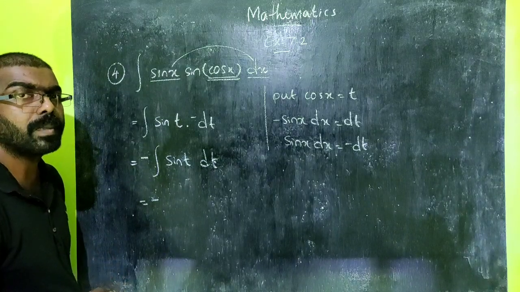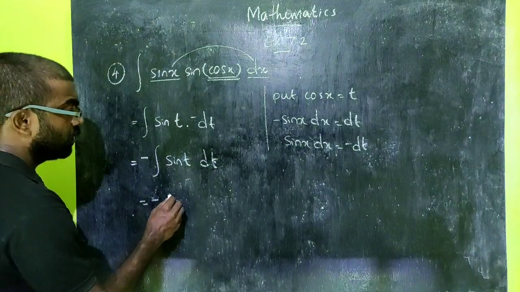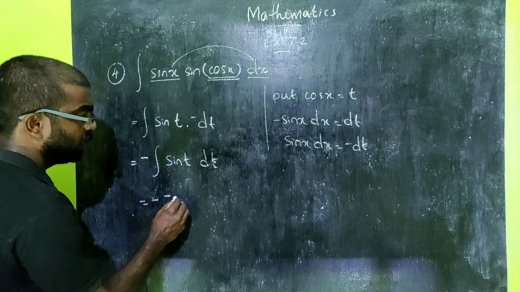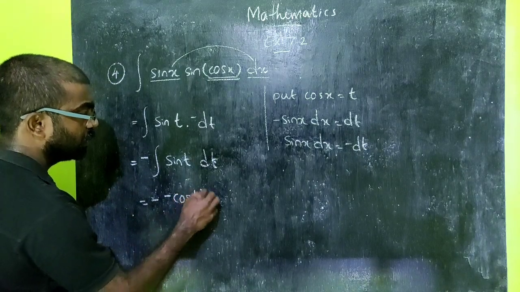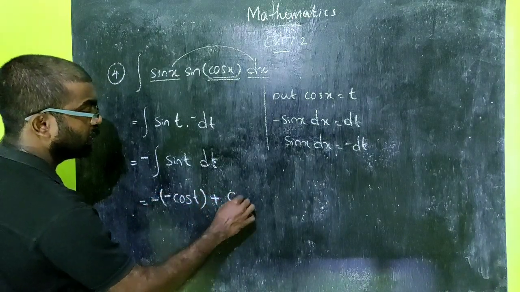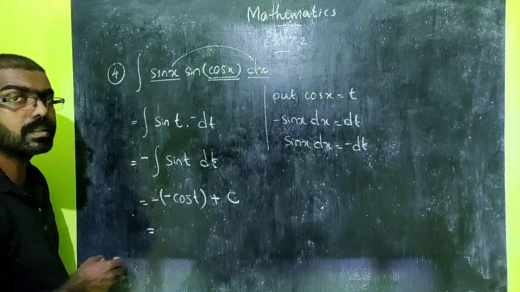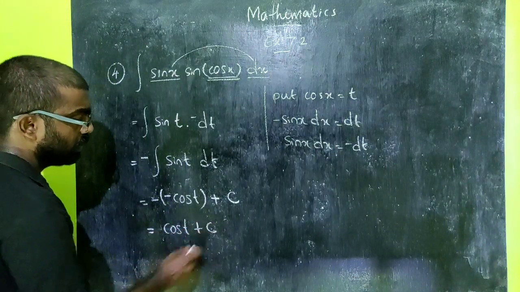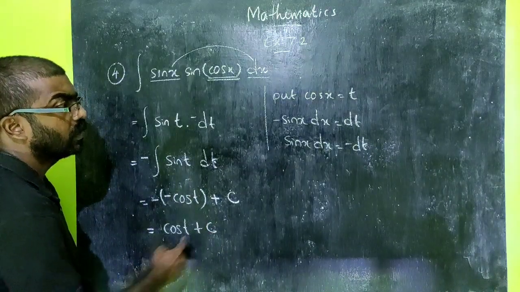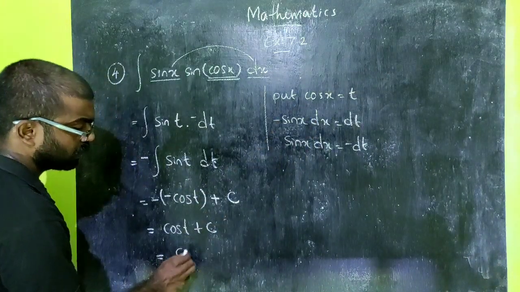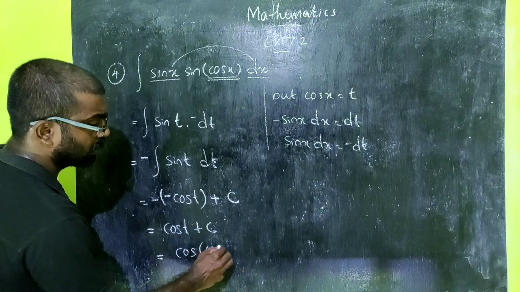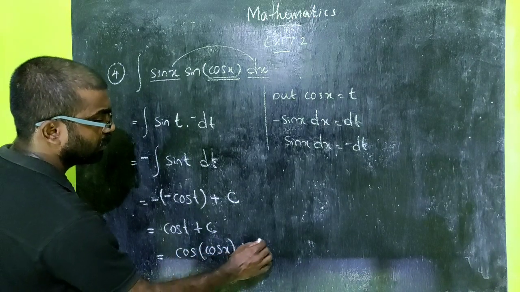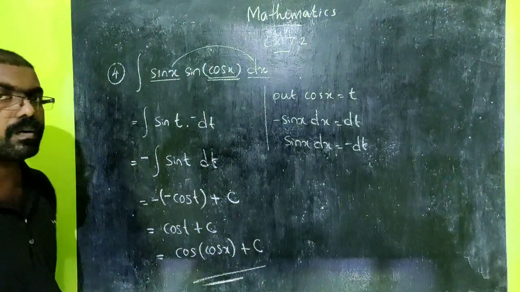Integral sin x is minus cos x. So here we can write minus of minus cos t then plus c. Minus into minus is plus. So cos t plus c, and we can replace the value of t. t is cos x. So cos of cos x, then plus c. Okay.